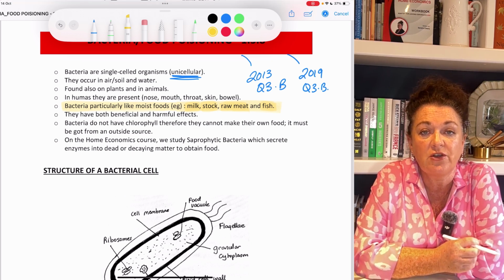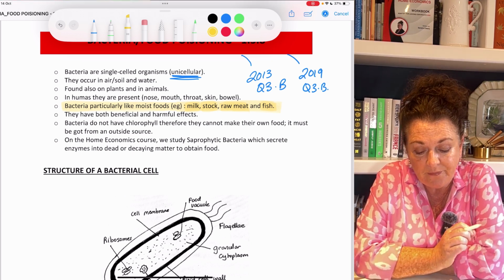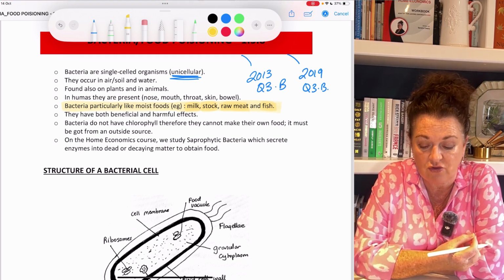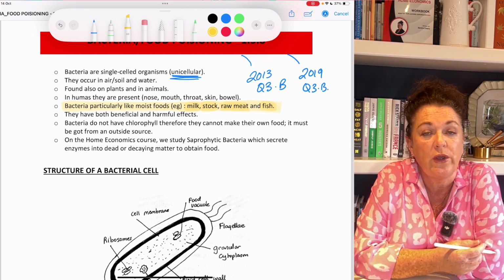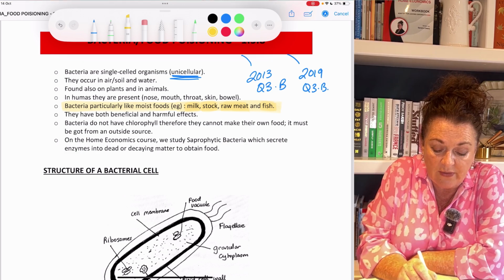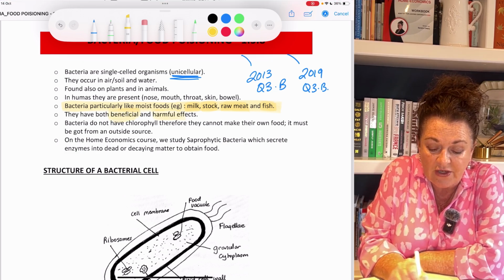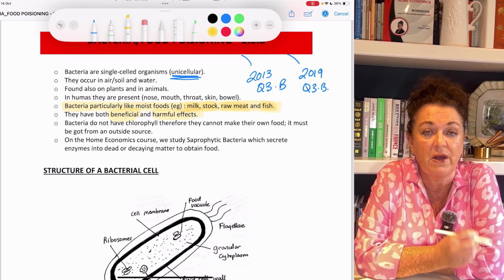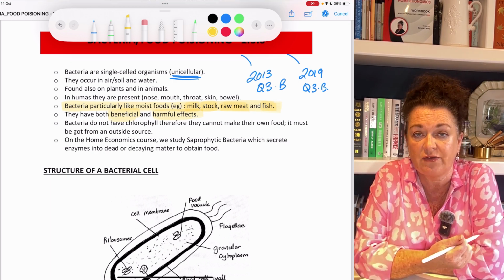So we need to be particularly careful when we're storing these foods because of the fact that they will attract bacteria so much. We also should know, and I'm going to highlight that as well, that bacteria have beneficial and harmful effects. In other words, they have a positive role and they have a negative role.